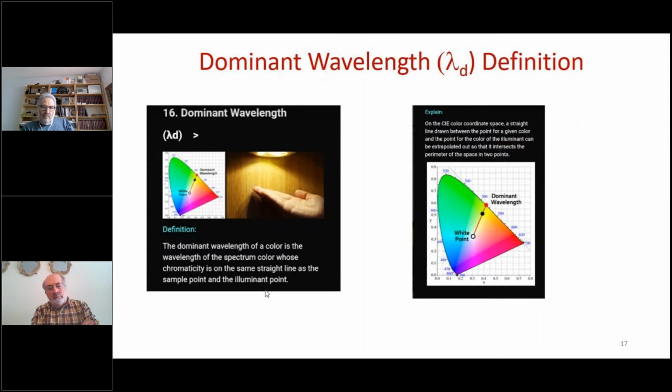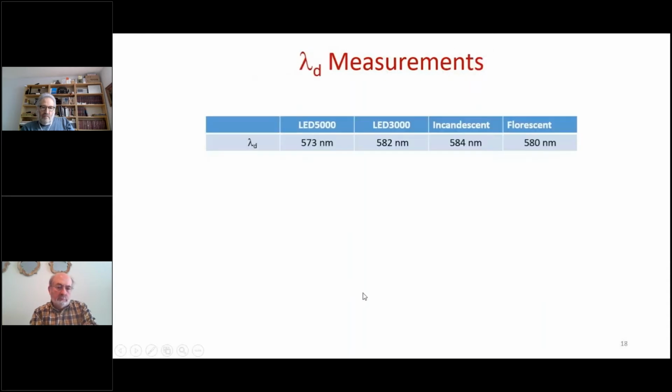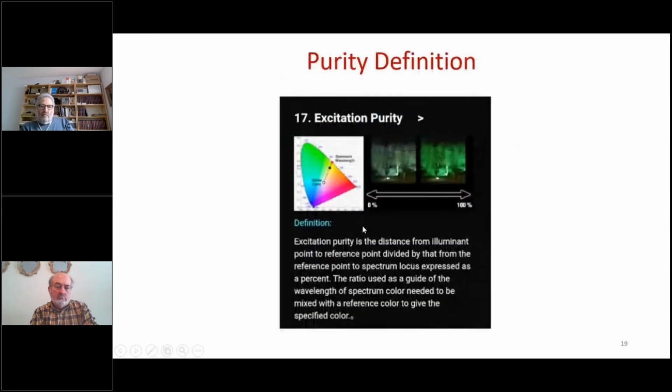Is it more bluish? Is it more greenish? You can also see that if you extend it this way, it also intersects, but you always go to the shorter distance, where you have to extend it a smaller way to hit the boundary. So that is the dominant wavelength. So 573, 582, 584, 580. They're almost the same. All of them are almost the same.